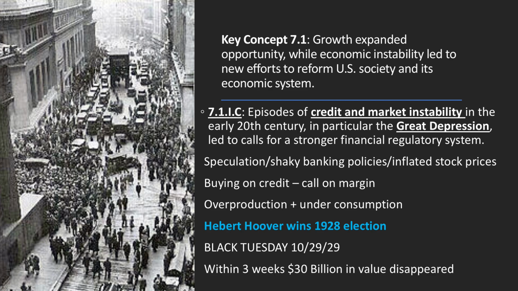But these are shaky banking policies. Some of the stocks are inflated stocks. And you might remember back during the Gilded Age, we talked about Credit Mobilier, this fake construction company that was supposed to be building railroad tracks, and they had stock, and people bought stock in this company. They inflated the prices.